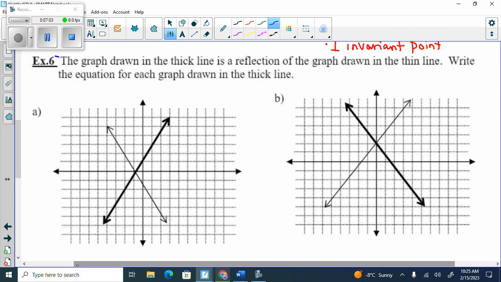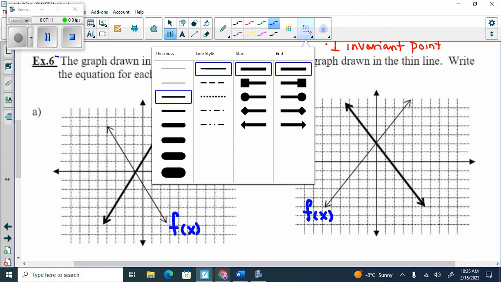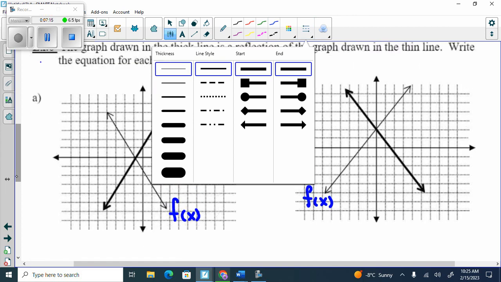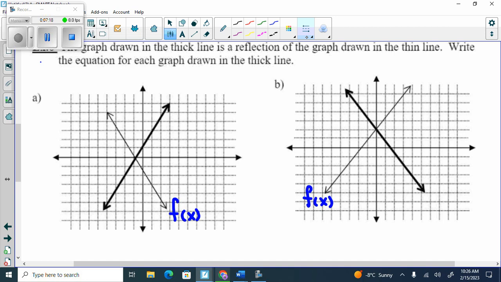So let's say this one is f of x, the thin line. Is this one reflecting in the x-axis or the y-axis? Where's the invariant point landing on? The x-axis.